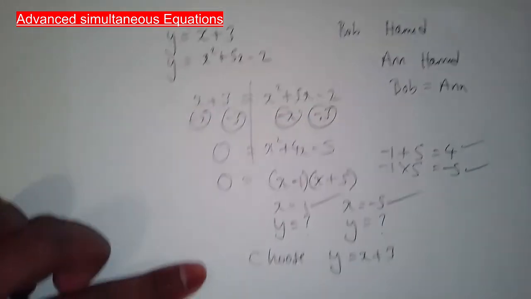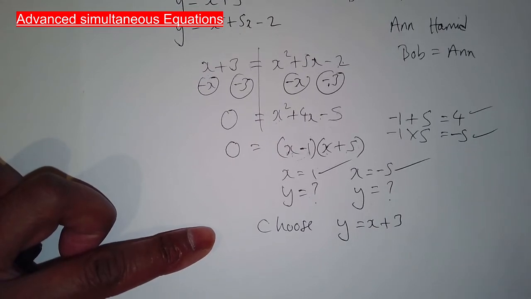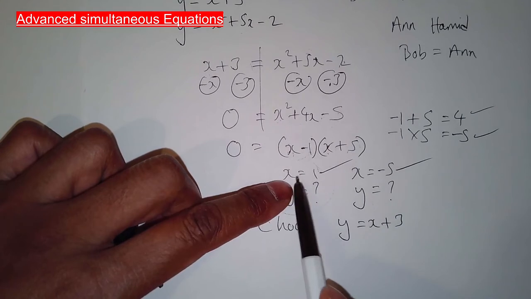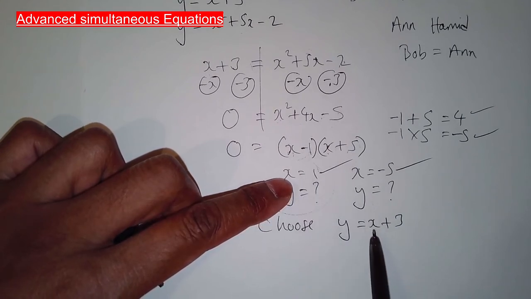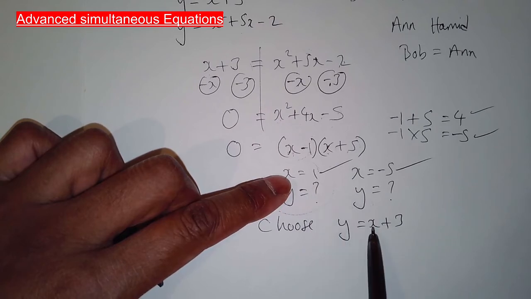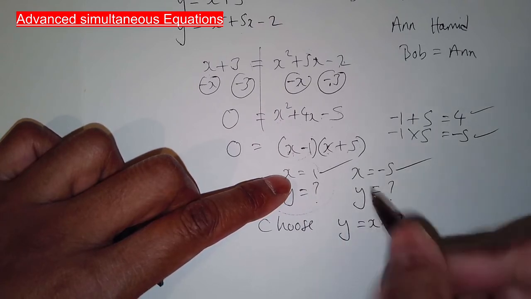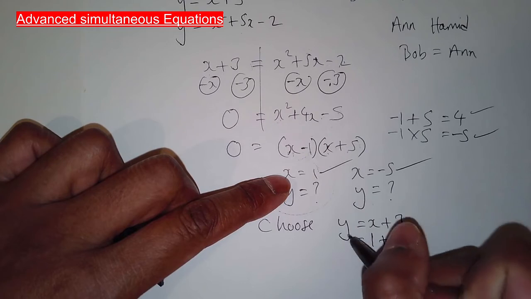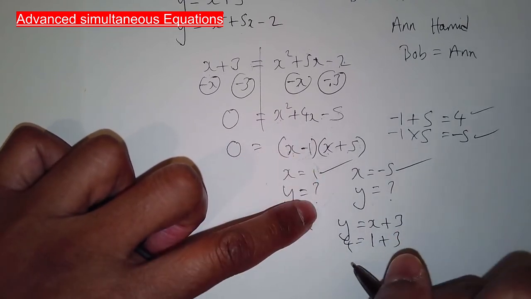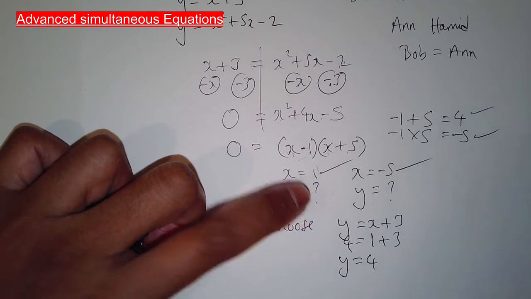I'm telling the examiner which one I've chosen. Work with this one to start off with. Replace the value of x with what I've got here. It's 1. 1 add 3 is 4. So when x is 1, y is equal to 4.